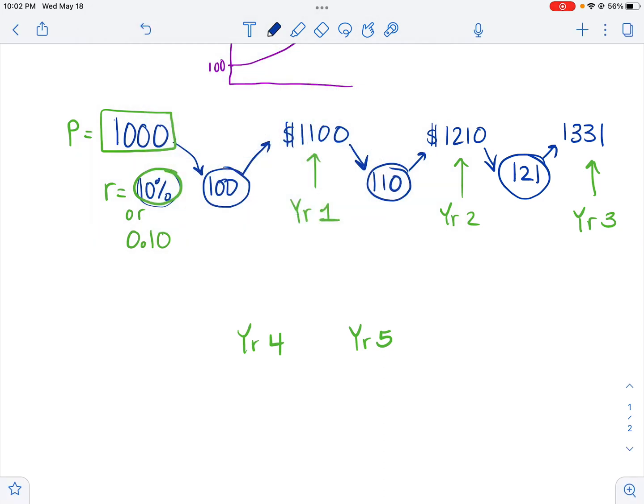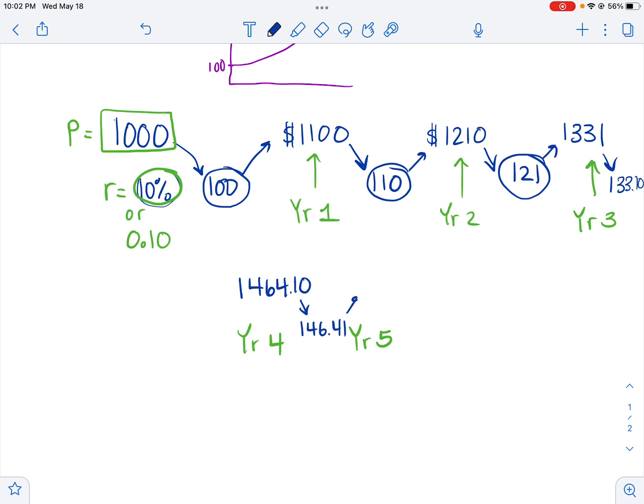Okay, so we're at 1,331 times 10%, so the interest on that would be $133.10, giving us a total of $1,464.10, and then our interest on that would be $146.41.